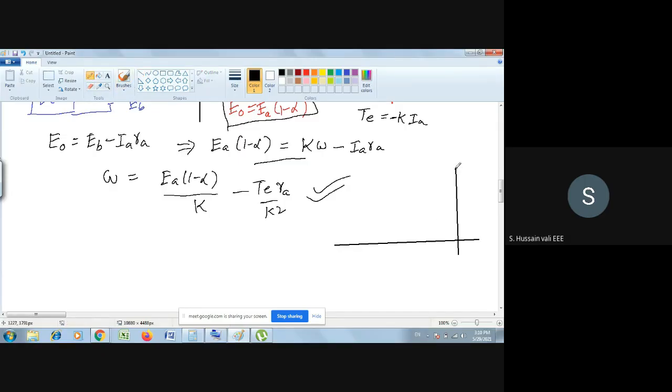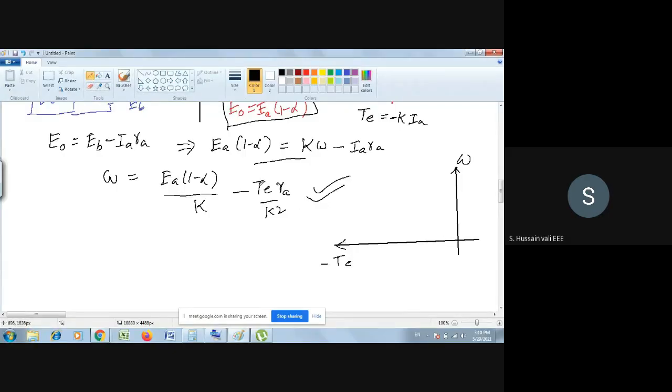I will take speed as omega, and I will take TE in the minus direction. First thing, I am taking all the T values as negative. I have taken the second quadrant, so the graph I am drawing is for the second quadrant, because this operation is in the second quadrant. So now all the T values are negative.